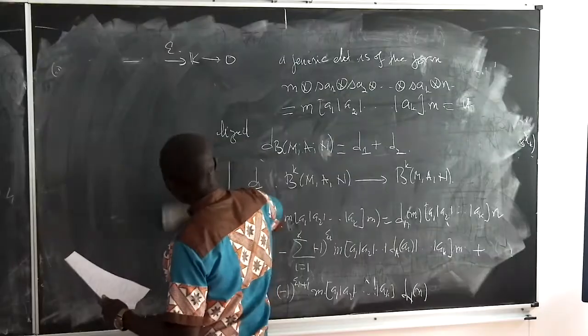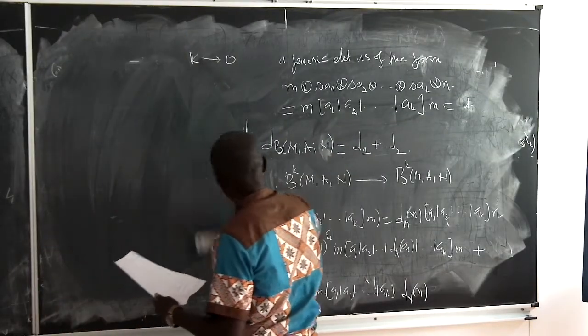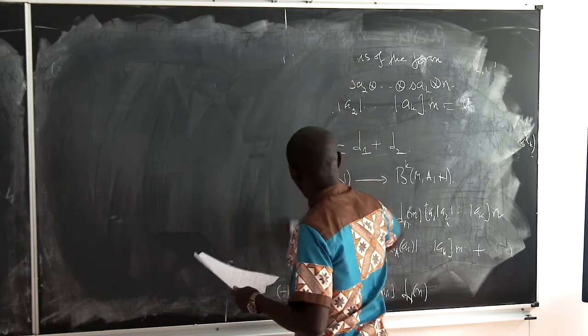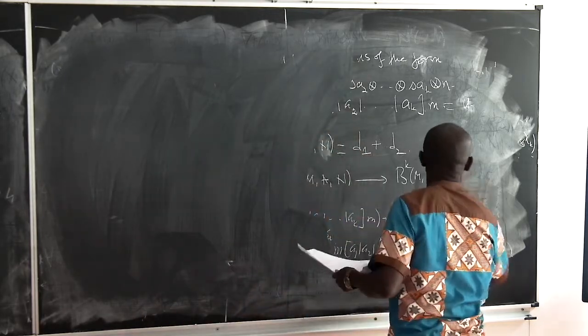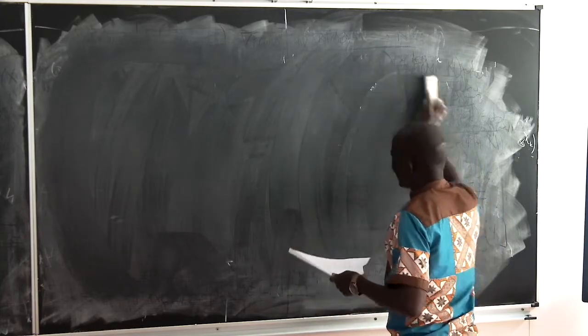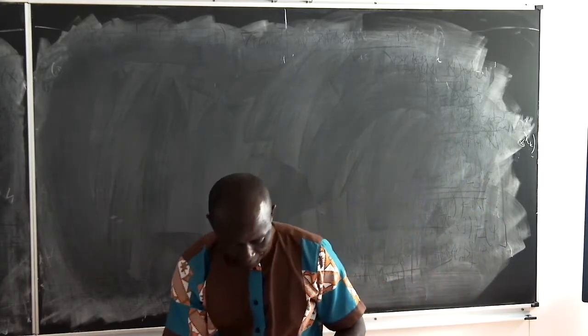Okay. Now that the bar construction with coefficients has been defined, we can define the bar construction with coefficients on the right side and on the left side.